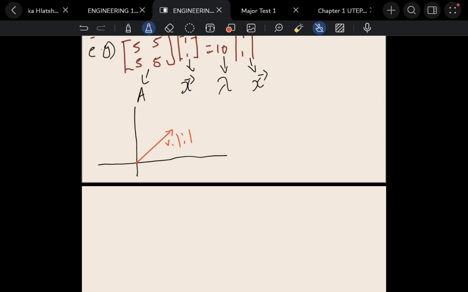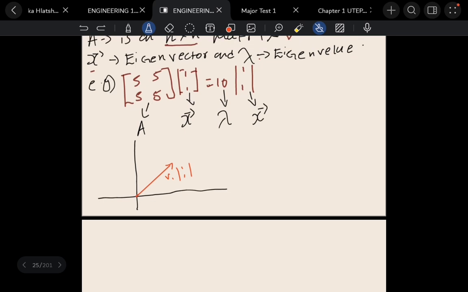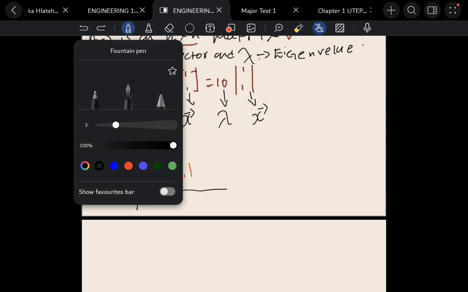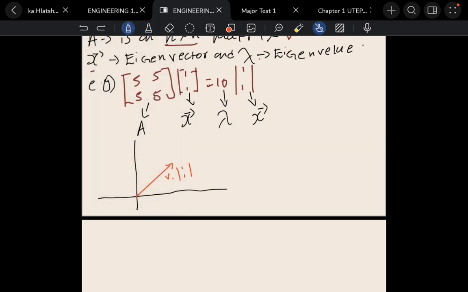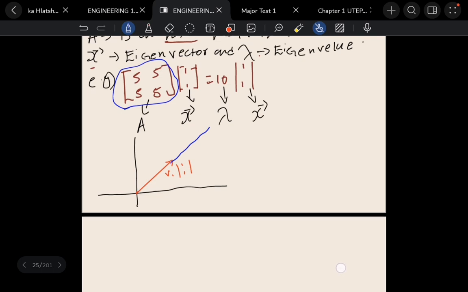And if you take this vector here and multiply it with this matrix here, what will happen? This vector will be elongated on the same line. By how many units? By 10 units.